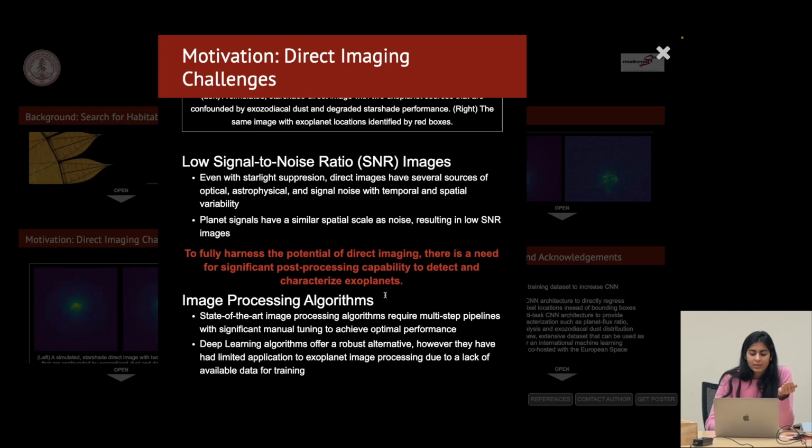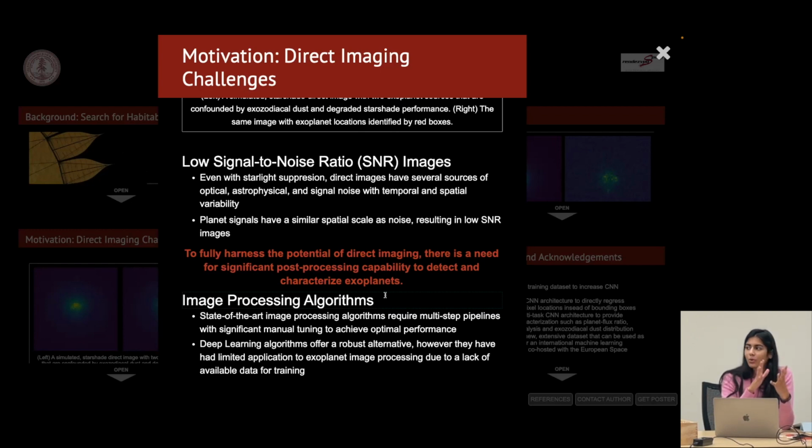With image processing algorithms, the state of the art is using multi-step pipelines using principal component analysis and then additional filtering to get down to identifying the exoplanet sources. This requires a lot of manual tuning and it's very time intensive. So when we move towards these direct imaging missions where we're going to be getting massive amounts of data, it's not really feasible to process all of them using these manual techniques.